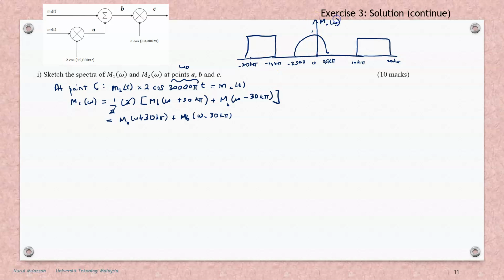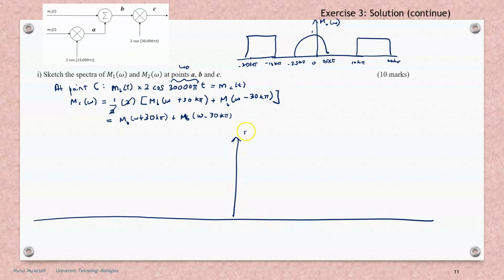So when we want to draw M_C(omega), we consider the shifting by 30k pi and negative 30k pi. Again, you do not have to write in terms of the original signals M1(omega) and M2(omega). You can leave it in terms of M_B(omega), because what matters now is the spectrum. The question doesn't ask you to write a mathematical expression.